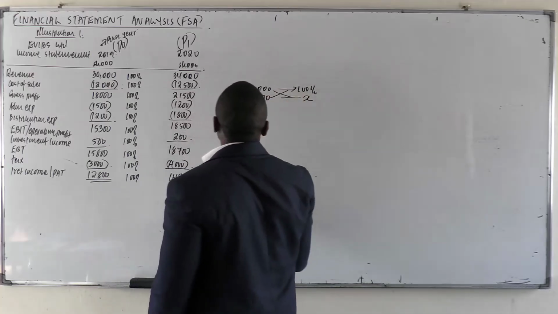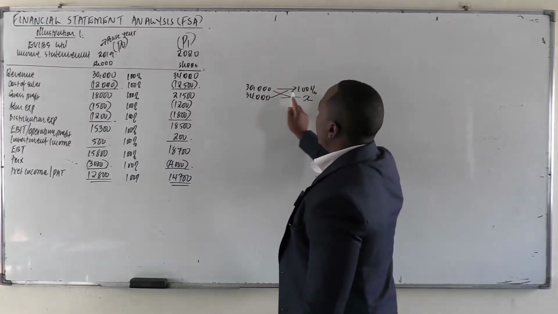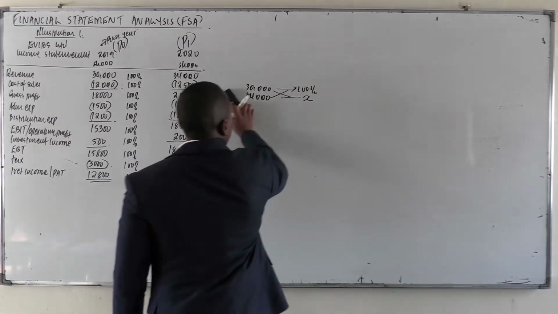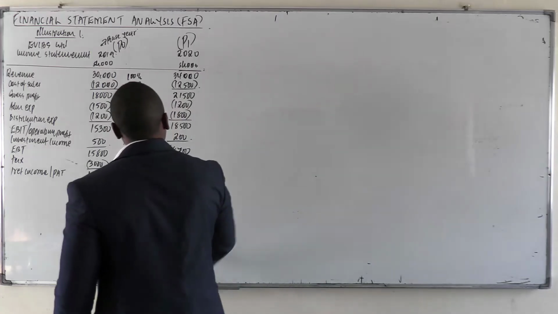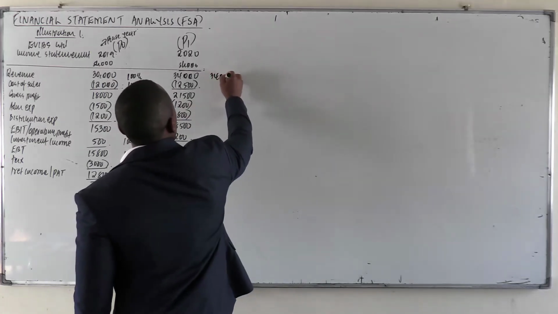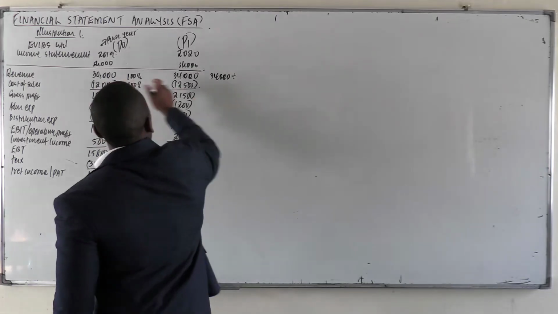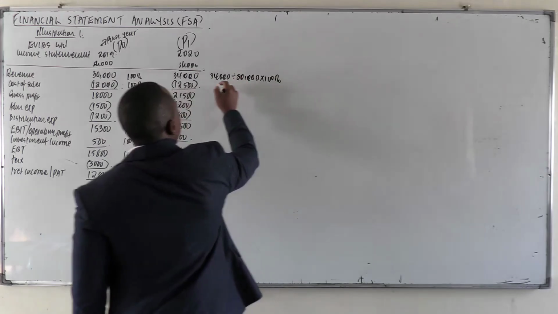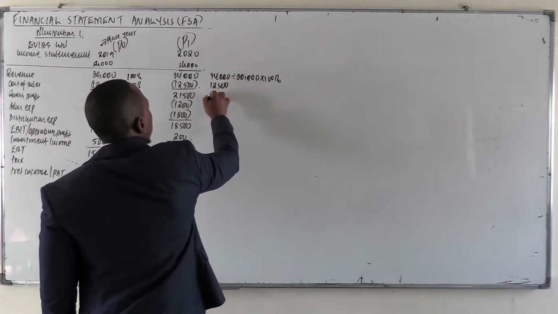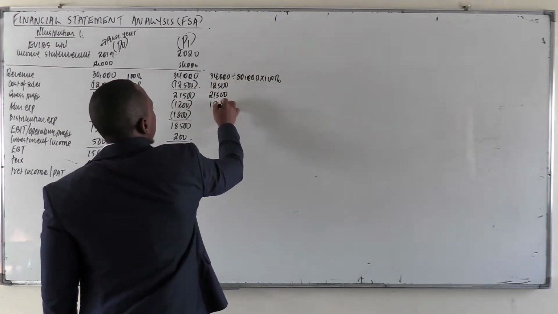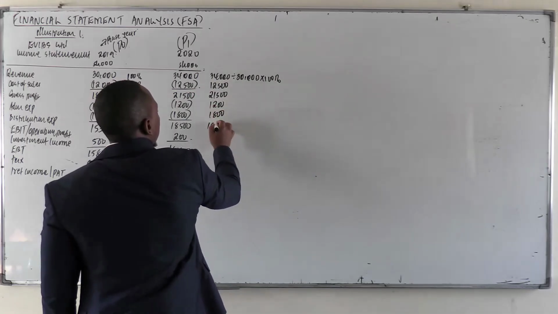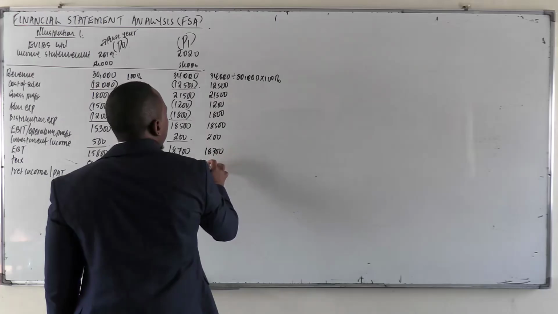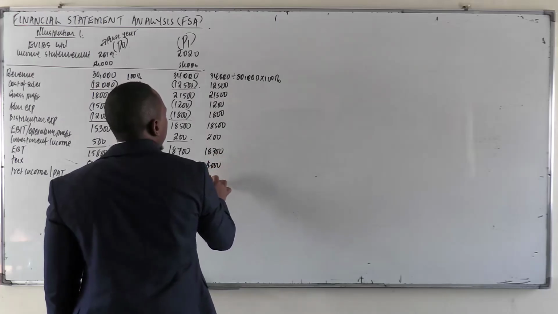In that case, you take 34,000, you divide by 30,000, and then you multiply by 100%. This will be 12,500, 1,500, 18,500, 200, 18,700, 4,000, and 14,700.